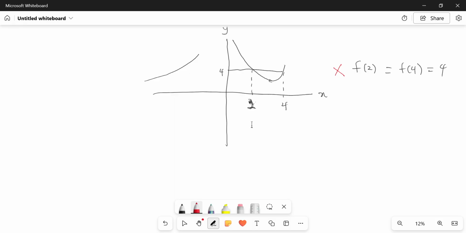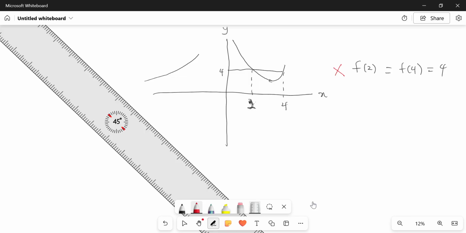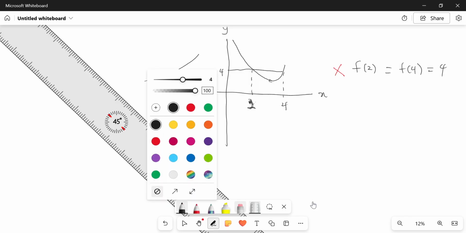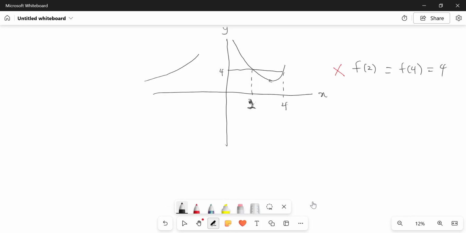So once you are given a graph or a sketch and you are asked to tell if the function in that graph has an inverse, you can first of all use the horizontal line test, which we saw earlier. We test whether the function is a one-to-one function, right?